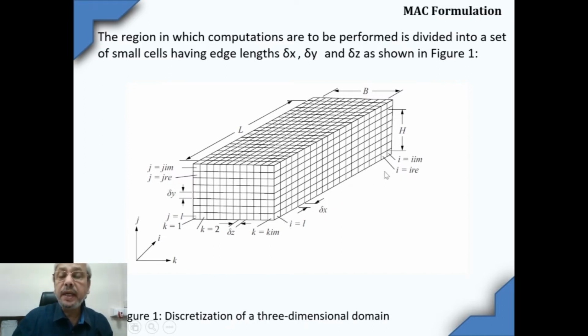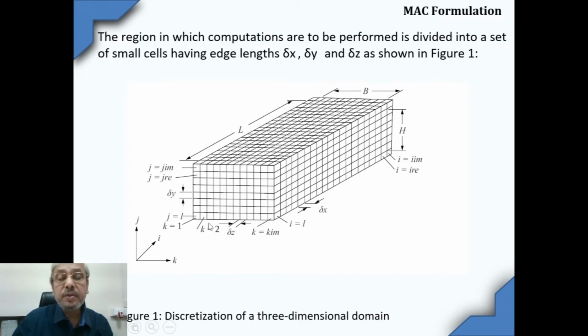So in the x direction, which covers L dimension, we go from I equal to 1 to IIM. Similarly, in the Y direction, we go from J equal to 1 to JIM, maximum number of cells. And in the Z direction, that varies with K direction, we go from K equal to 1 to KIM.